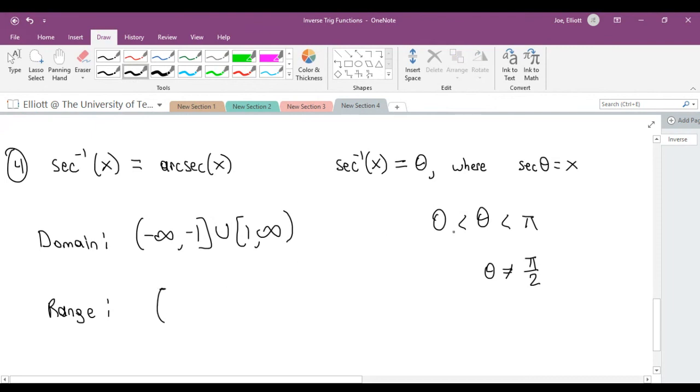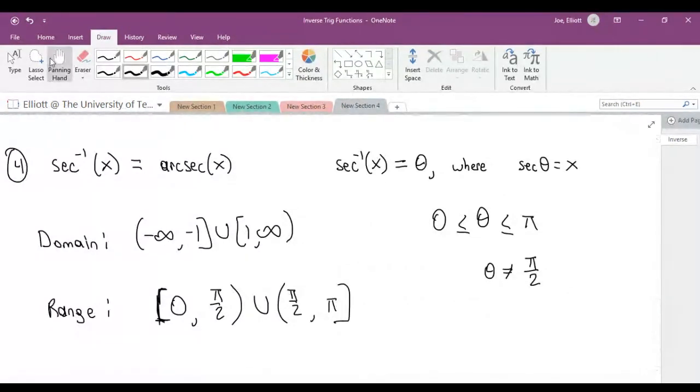And I guess at 0, I can include these if these aren't vertical asymptotes either. So for arcsecant, it should actually be 0 to pi over 2 for the range, union pi over 2 and then up to pi. Okay, there you go.